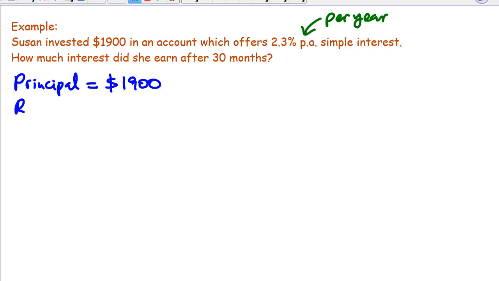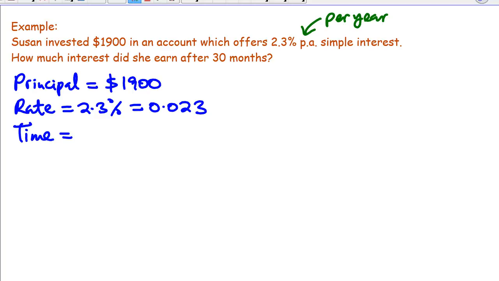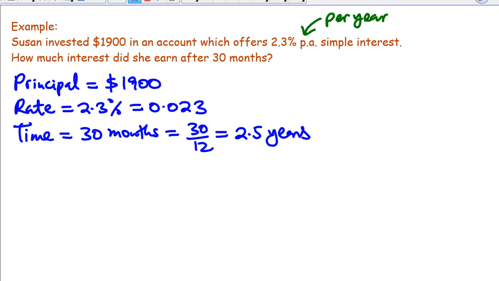The rate is 2.3%, which is 0.023. Time is 30 months. And we have to convert that into years by dividing by 12, which will give us 2.5 years.